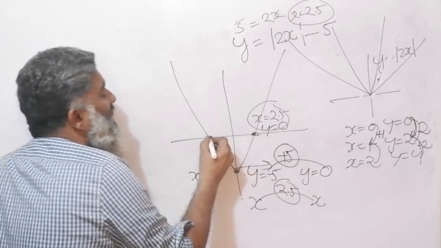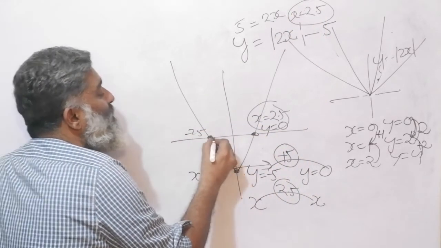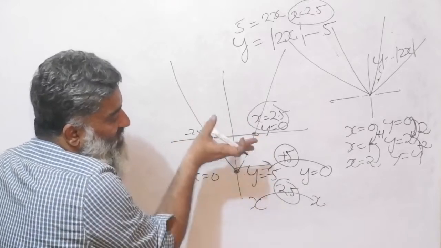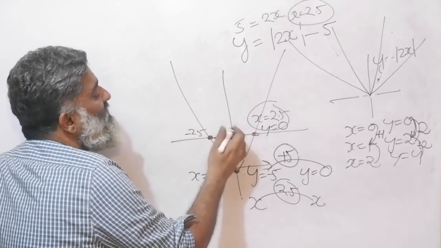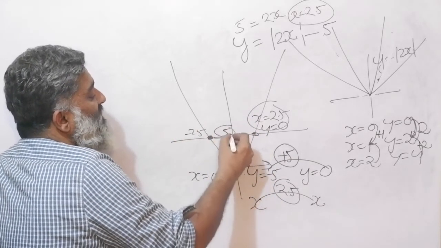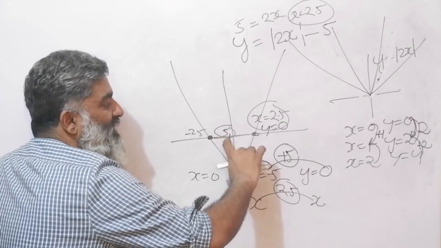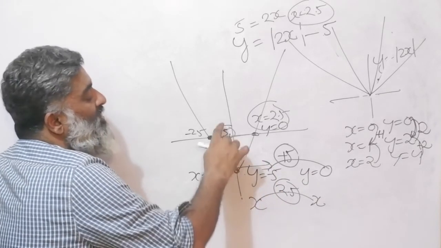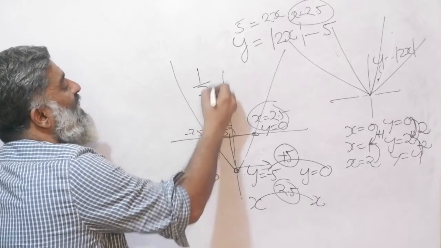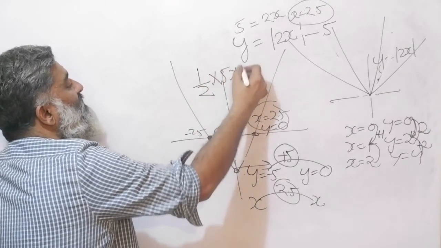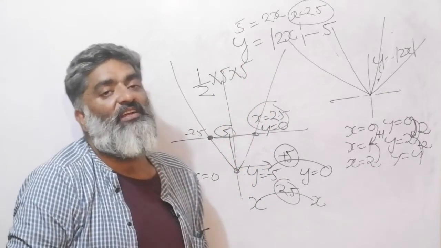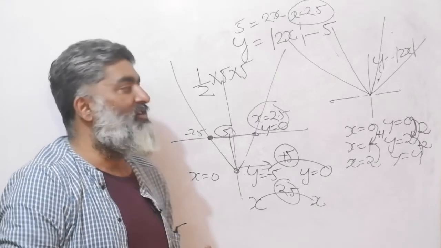This point is 2.5, this point is minus 2.5. The base of this backward triangle is going to be 5 units. The height of this triangle is also 5 units, from 0 to 5, right? And the area of the triangle is going to be half into 5 into 5. 25 by 2, 12.5 units is going to be your area of the triangle, right?